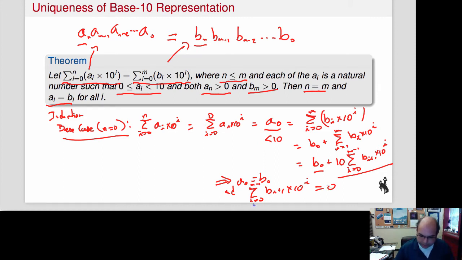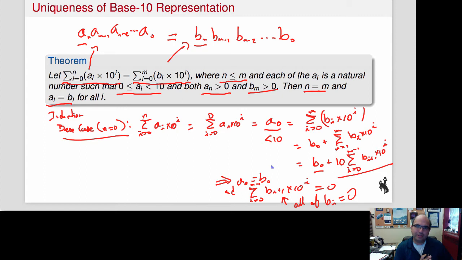Using the theorem that we just proved, that when a bunch of numerals is equal to 0, then all of those digits must also be 0, I can say that all of the b_i are equal to 0. So a_0, whatever it is, is equal to b_0, and then all of these are equal to 0.